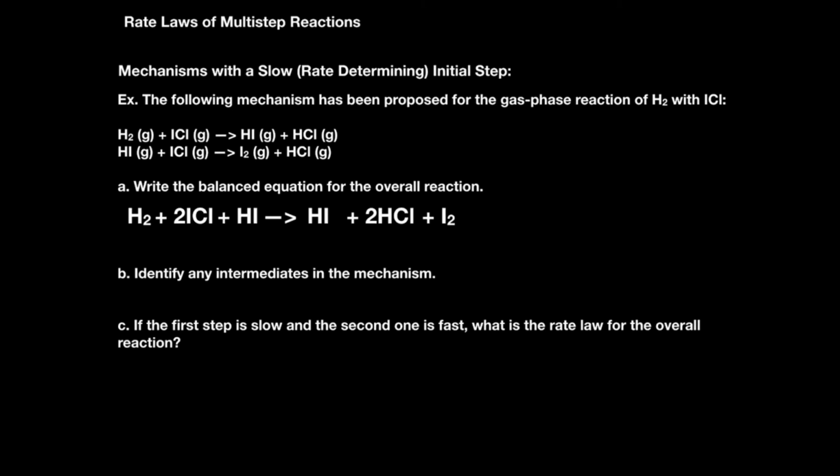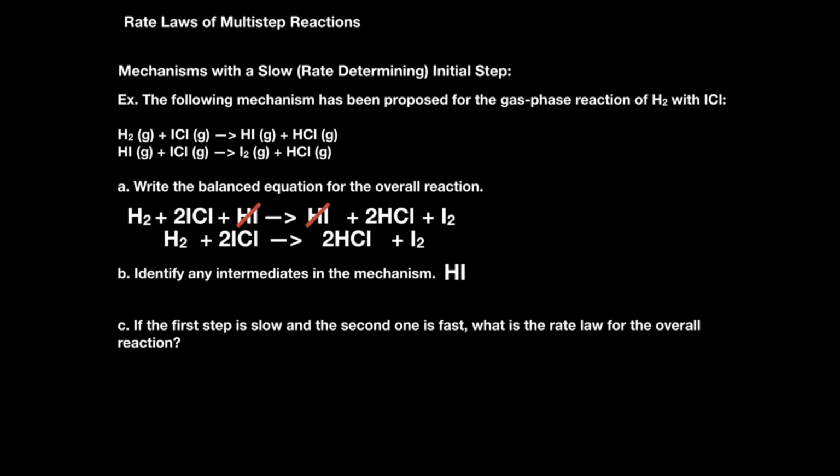Well, I have an HI on my reactant and my product side, so those are actually just going to cancel out, and so what you get is H2 plus 2 ICl produces 2 HCl and I2. An intermediate, well, HI is your intermediate. And you know it's your intermediate because it was produced during the first step and it was used up during the second step of your elementary steps.